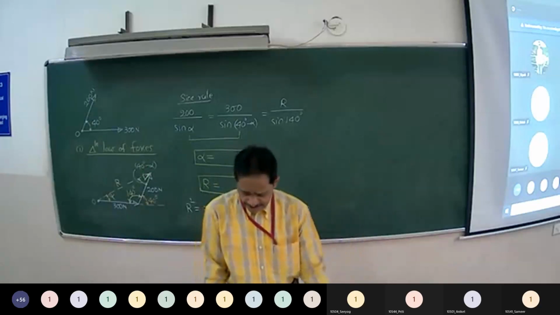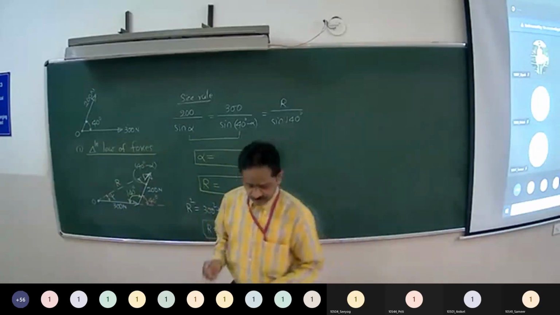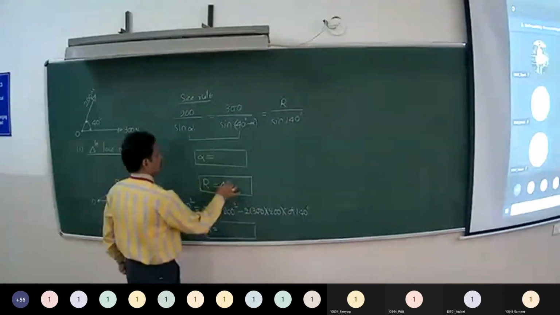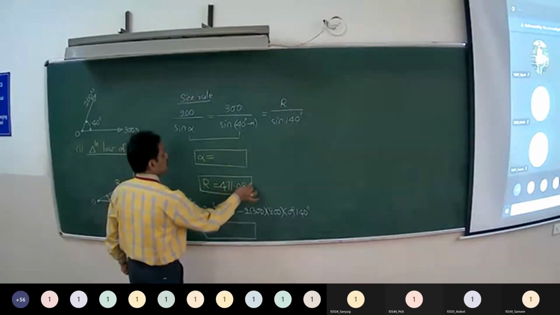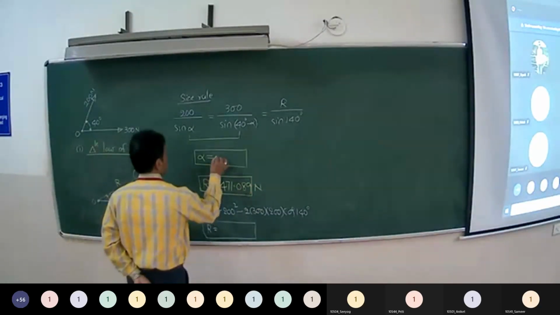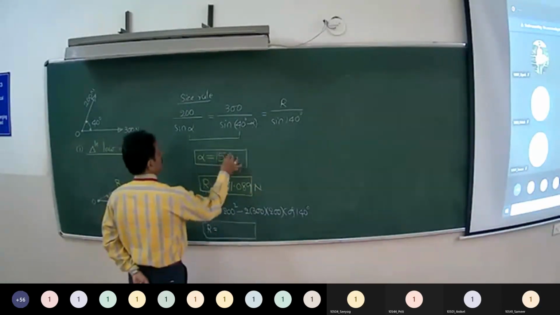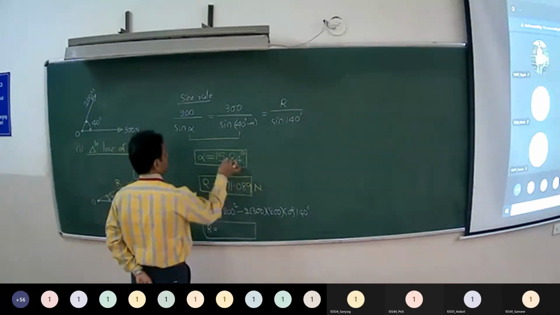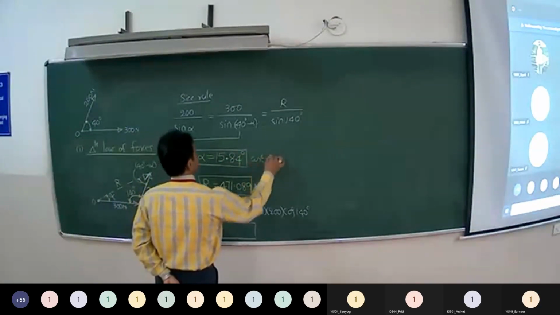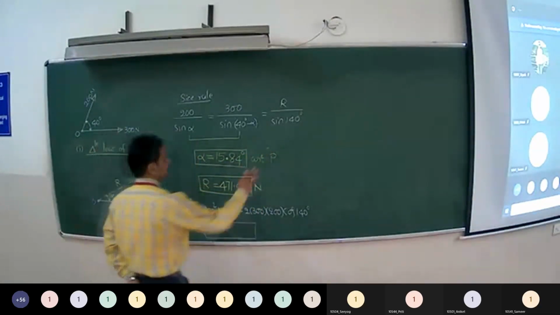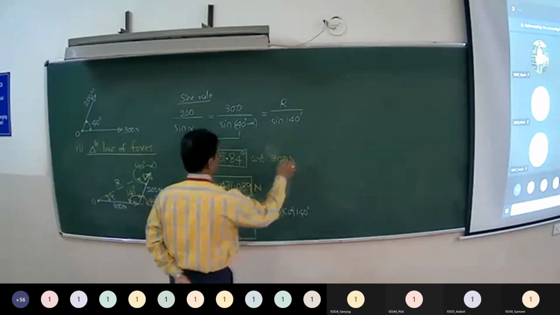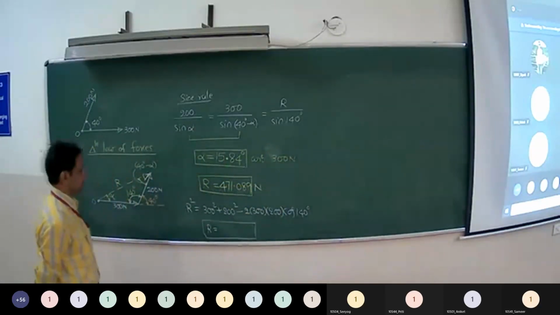R is equal to how much? 471. Right. 471.089. And alpha is 15.84. This is with respect to the force, 300 Newton.